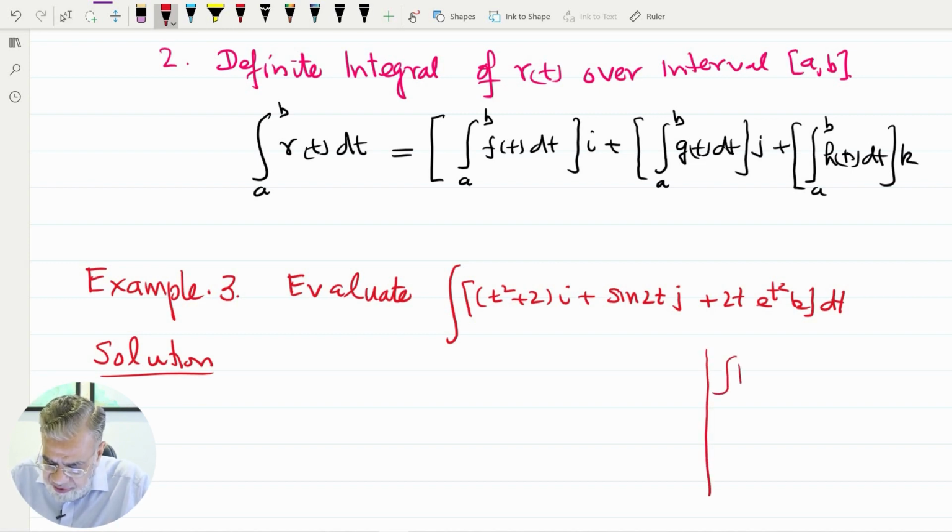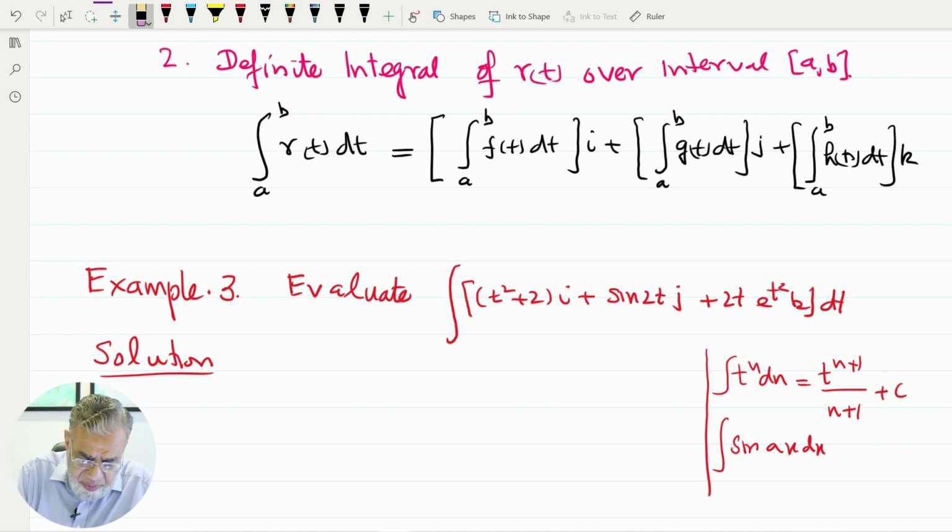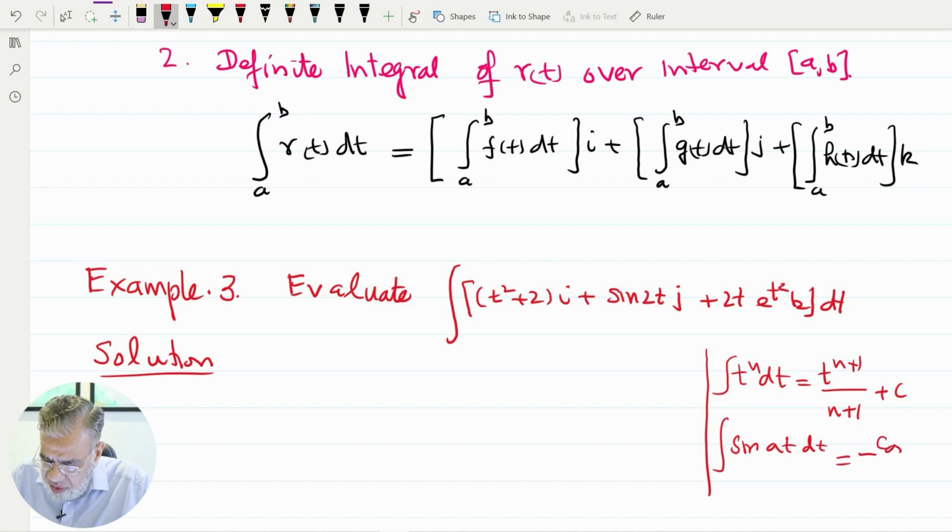When we take the integration of t to the power n dt, the formula is t to the power n plus 1 over n plus 1, plus a constant. When we want to integrate sine of at dt, I use t because we are taking t as our component, this will be equal to minus cosine at over a.